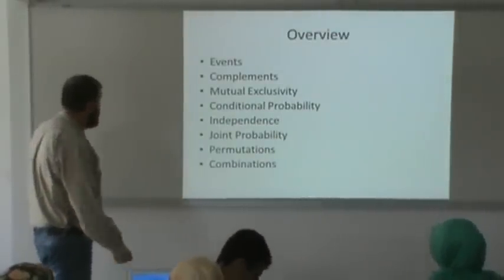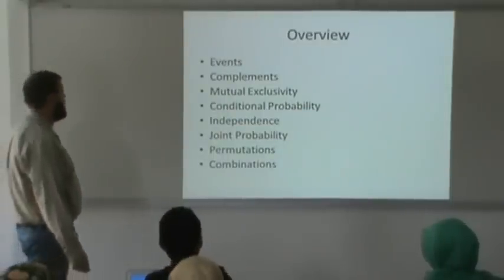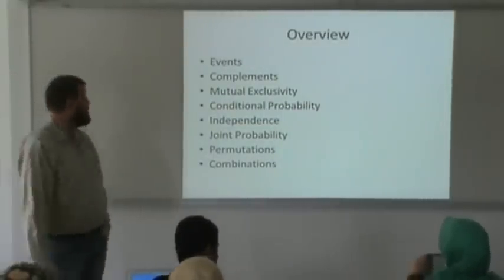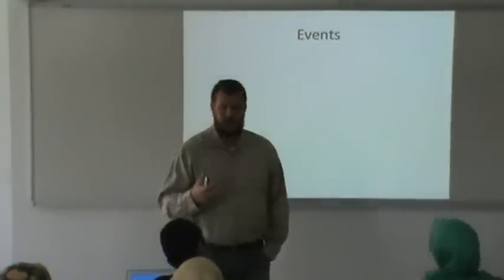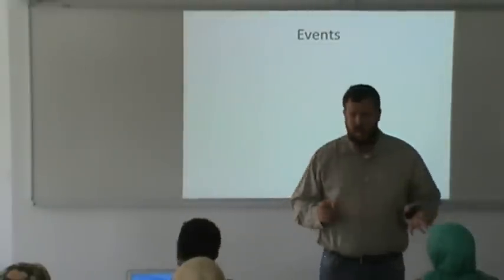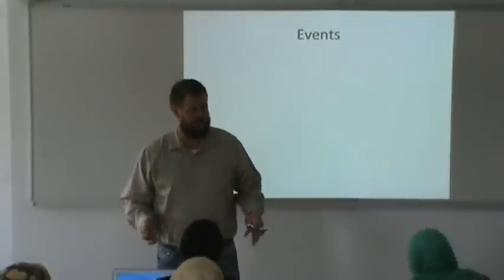Today we'll talk about events, we'll talk about complements, mutual exclusivity, conditional probability, independence, joint probability, permutations, and combinations. So an event. Remember last time we talked about statistical experiments, and we said a statistical experiment is a well-defined procedure that results in some outcome.